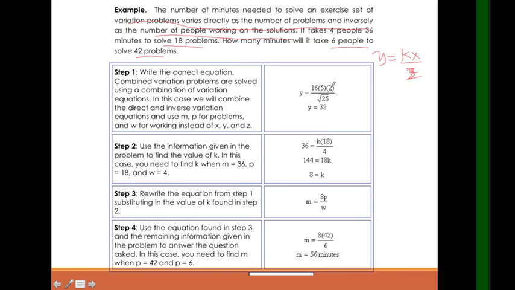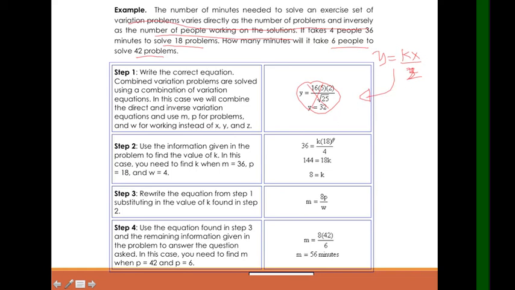So, in our problem, we have our equation. This is the equation: y is equal to kx over z.